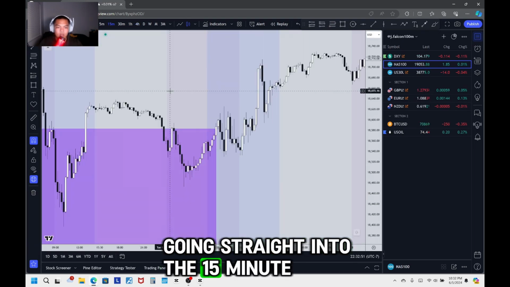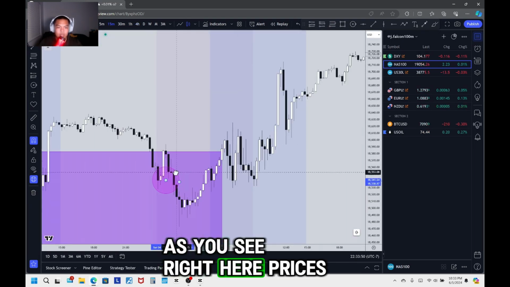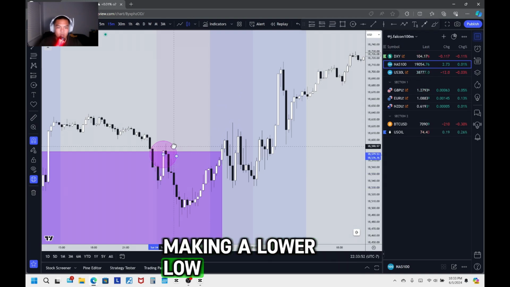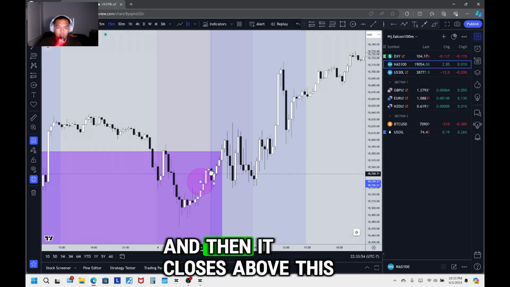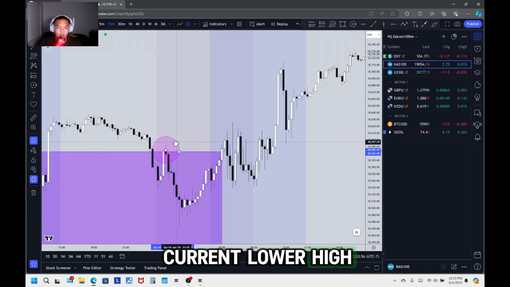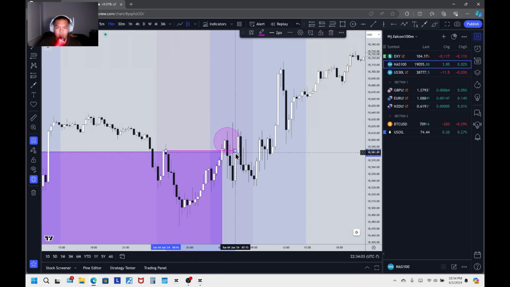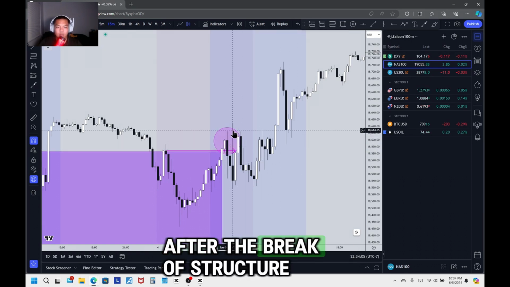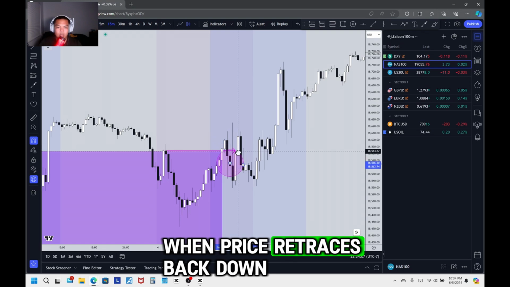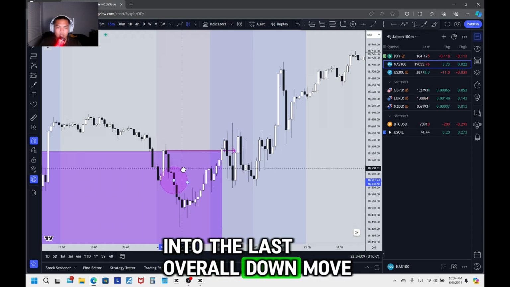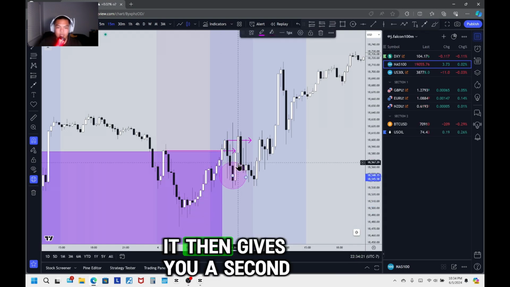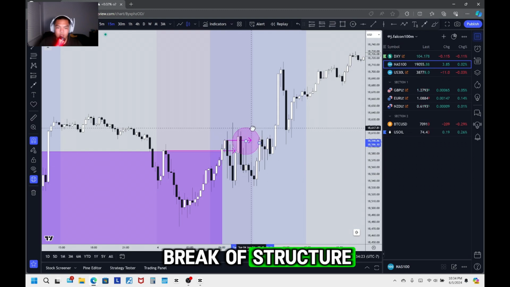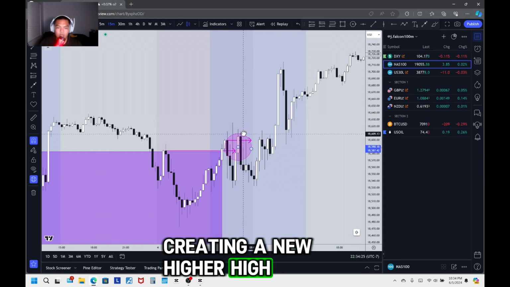Going straight into the 15-minute, as we see right here, price is making a lower low, lower high, lower low, and then it closes above this current lower high. After the break of structure, when price retraces back down into the last overall down move, it then gives you a second break of structure, creating a new higher high.